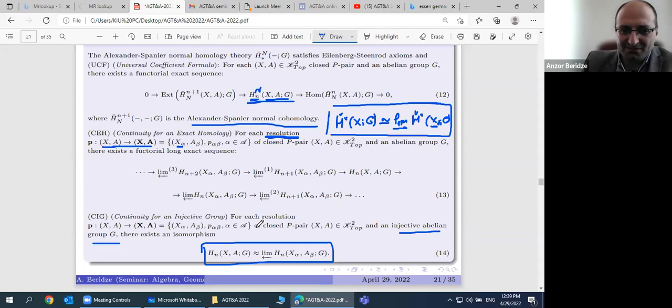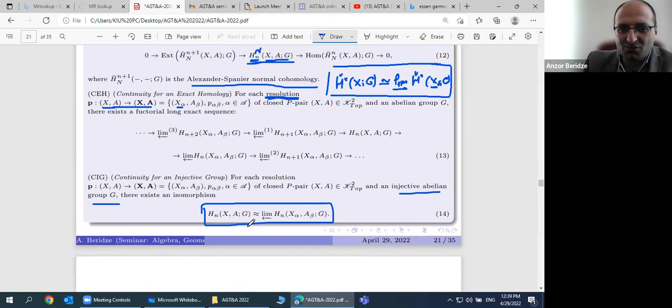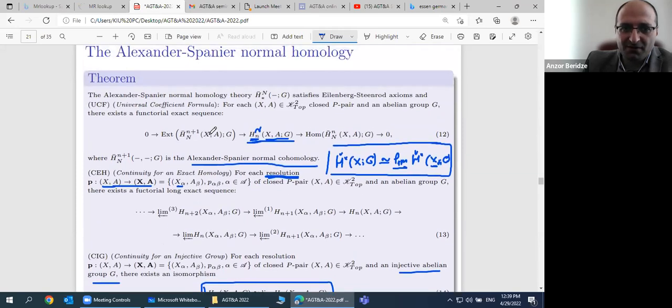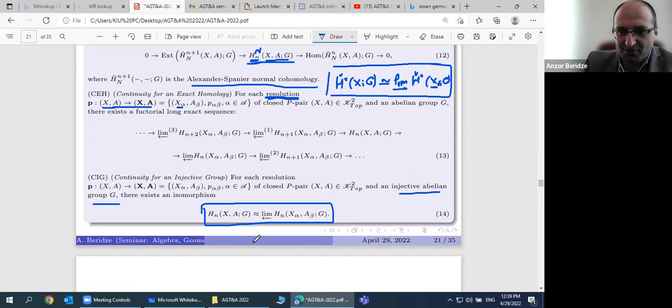And there is a very good connection between these properties. But the last one is absolutely enough to prove the uniqueness theorem. Because if we have the first one, then we have the second one. And if we have the second property, we have the third property. And if we have the third property, this is a continuity for injective groups. Then we have the uniqueness theorem in general topological spaces.